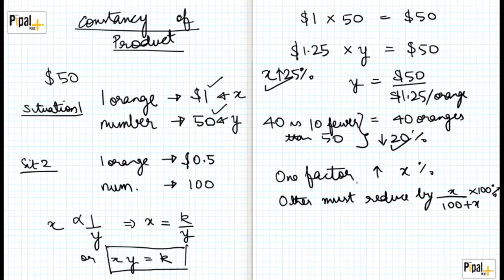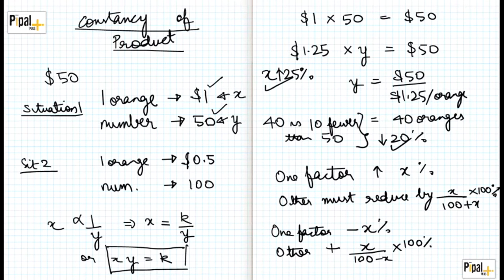This is the percentage fall in the other variable. And vice versa, if one factor reduces by x percent, then the other must increase by x upon 100 minus x into 100%, right?